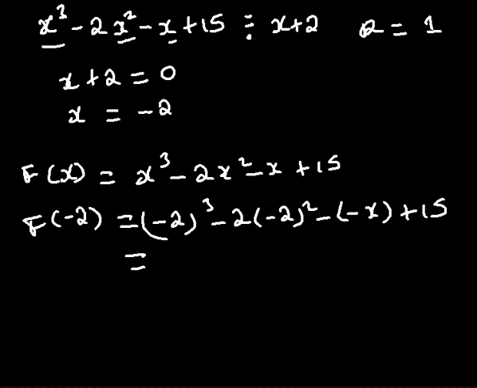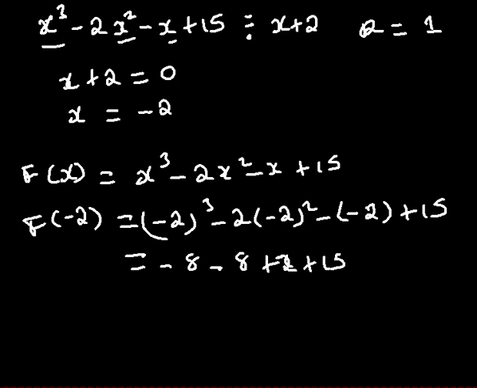So negative 2 to the power 3 is negative 8, and negative 2 times negative 2 squared is negative 8 as well. Minus negative 2 is positive 2, plus 15.